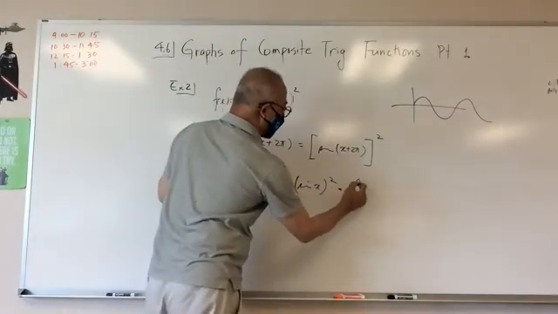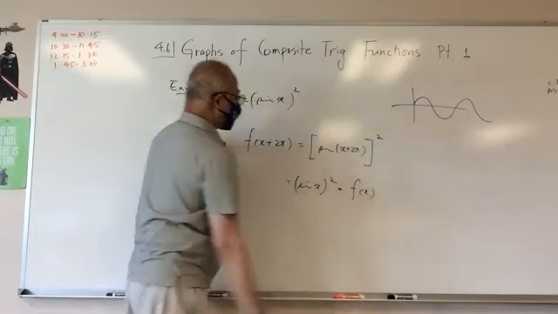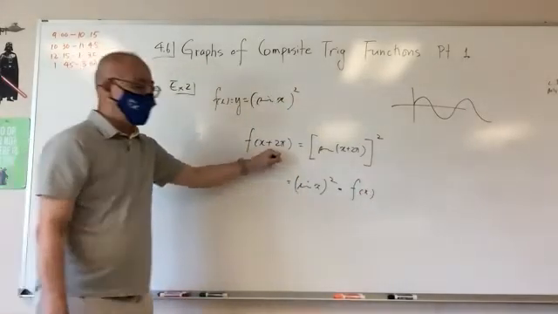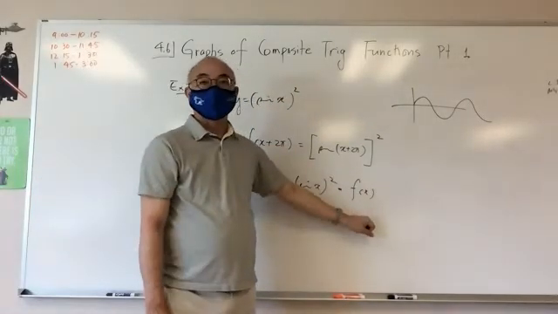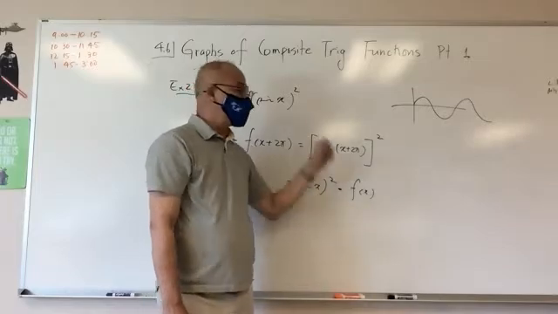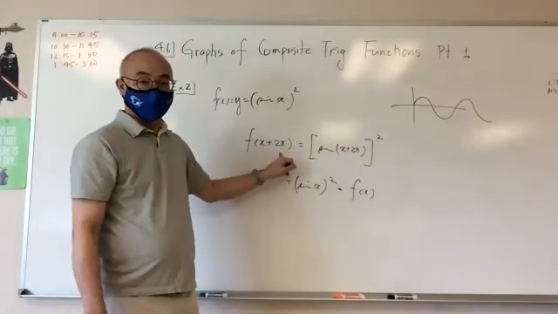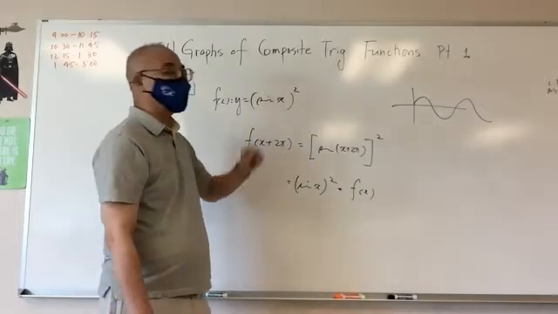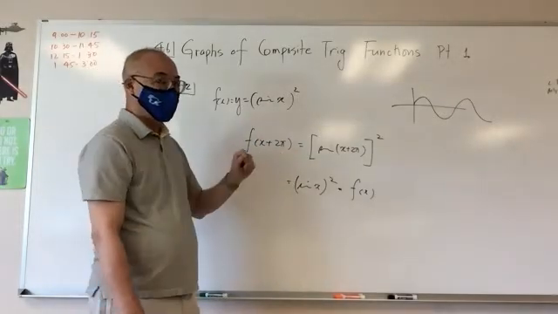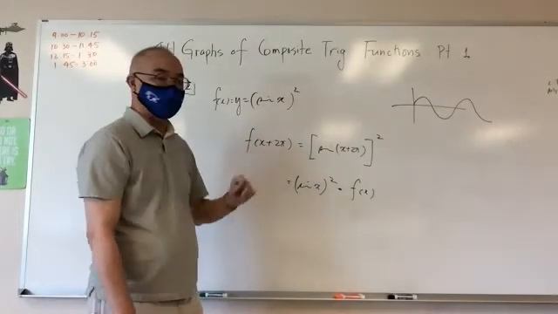So this is going to be f of x. So f of x plus 2 pi is the same as f of x. Therefore it is periodic with a period of 2 pi. If this was cosine, it would be the same thing. If it was tangent, well, how would I have to change this?